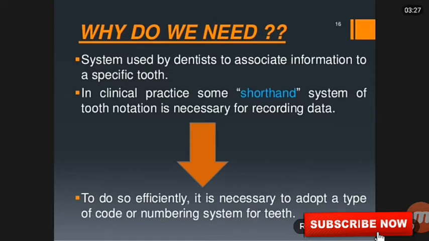Why do we need a tooth numbering system? Tooth numbering is a system used by dentists to associate information with a specific tooth. In clinical practice, some shorthand system of tooth notation is necessary for recording data.